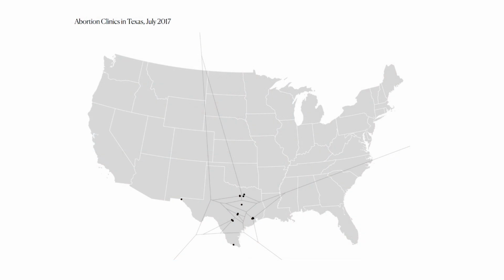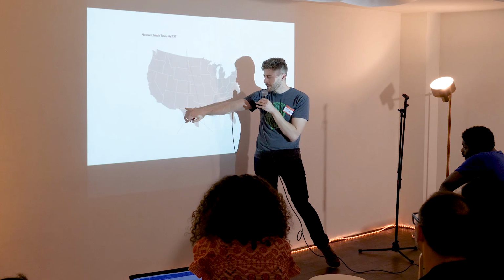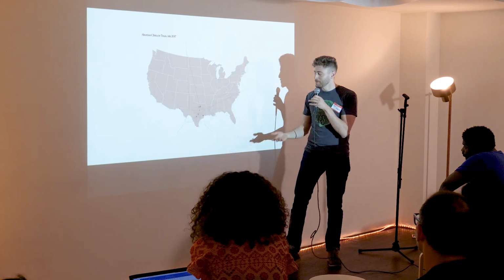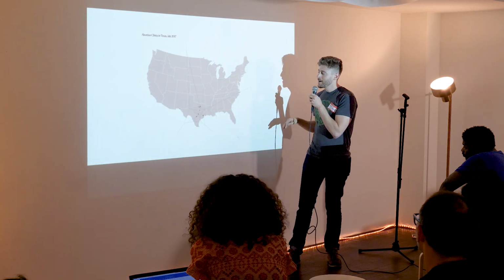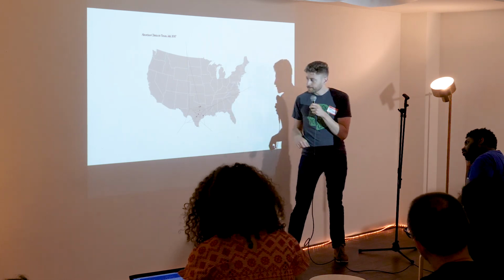This is only Texas, so the problem with this chart is if you lived here, there might actually be a clinic in the southeast corner of New Mexico, which made us realize we needed to do the entire US. But this was one of the first validation steps that we took.